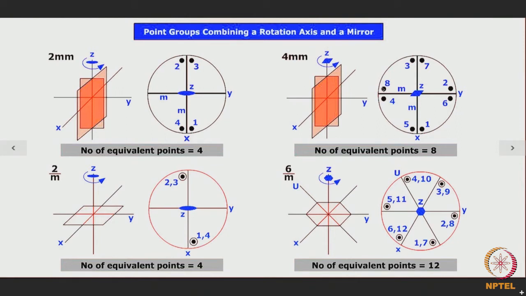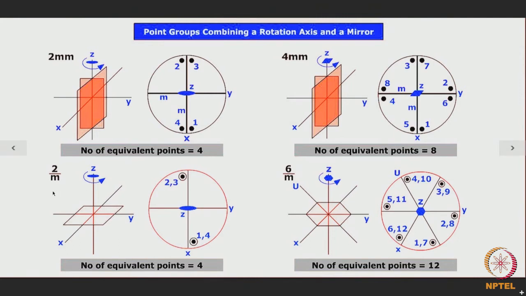So, although we have not consciously invoked the second mirror, it automatically comes into operation due to the action of the point group 4m. That is the reason why we provide for the second mirror in the notation itself. We call it 4mm, and this is the mirror which really comes into existence due to the operation of the four-fold rotor and the mirror containing it.